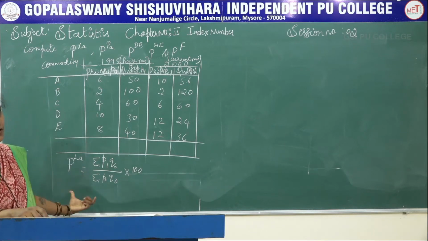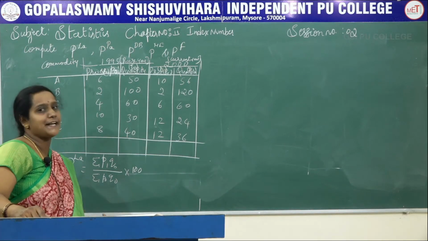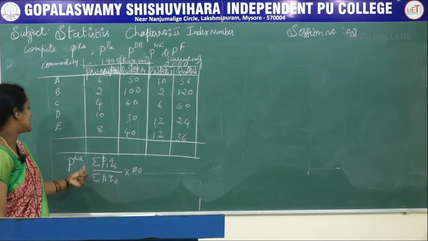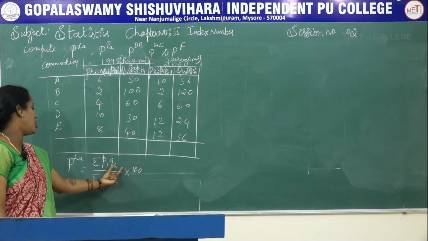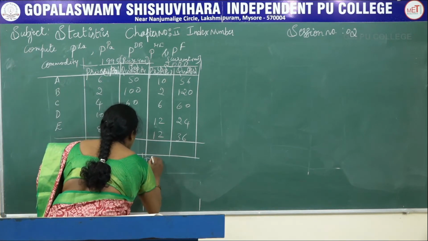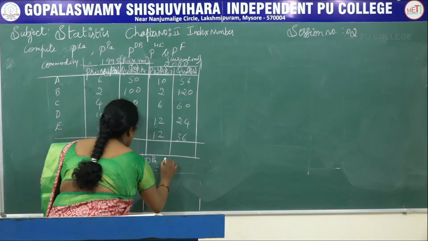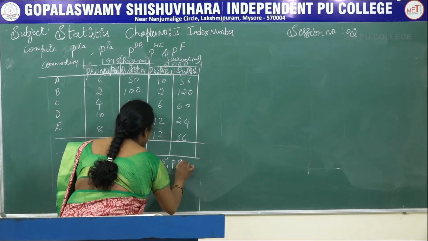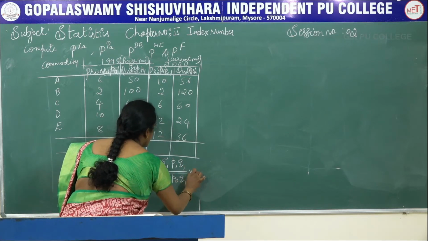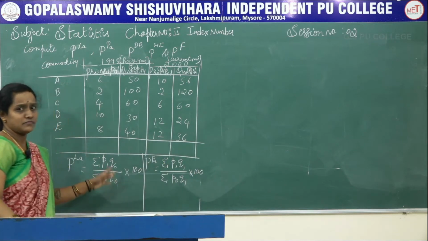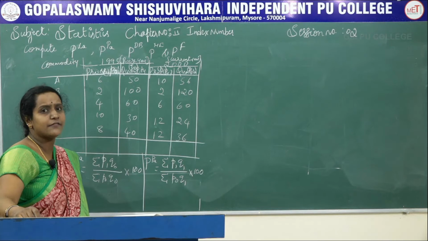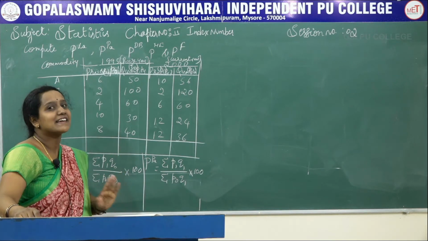This is the first formula of weighted index number, that is the price index of Laspeyres. And the second one is P of PA, that is Paasche's: summation of P1 Q1 divided by summation P naught Q1 into 100.